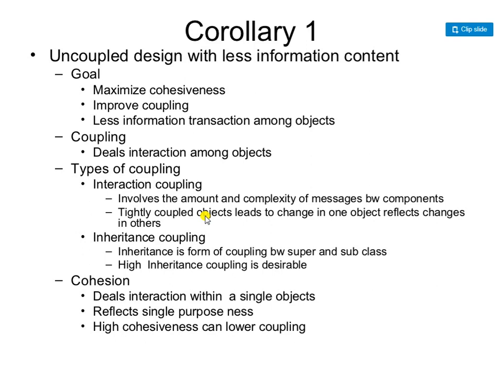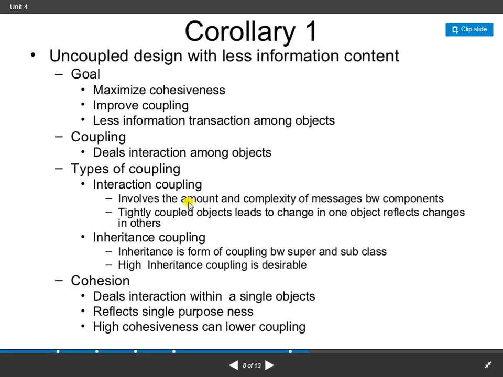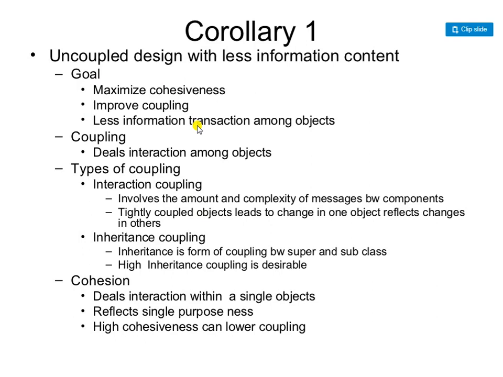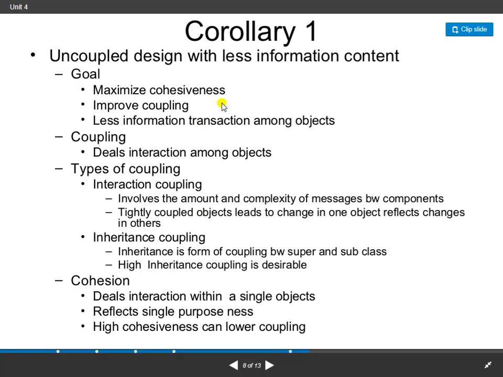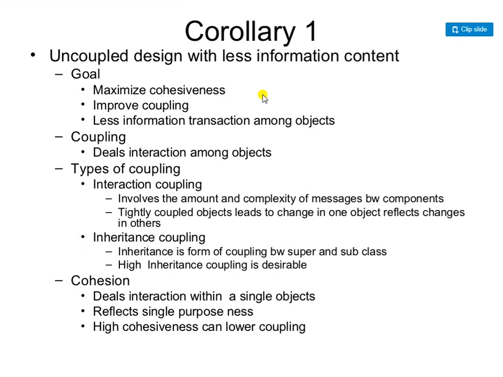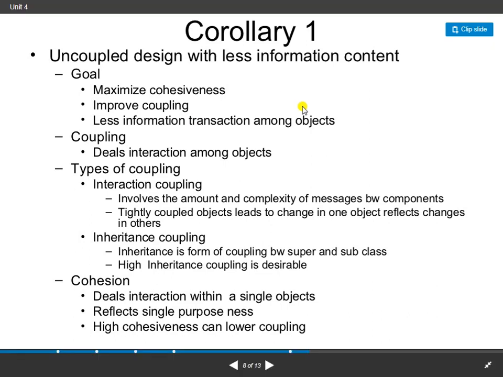So the first corollary is used for uncoupled design with less information content. The meaning of corollary is nothing but the set of rules used in object oriented design, similar to algorithms.